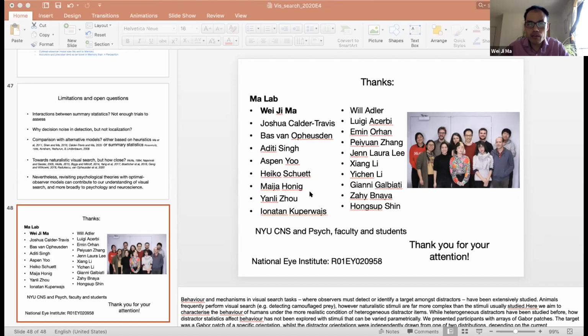This is a little bit of a philosophy that some of you might be familiar with, where you would just try to quantify the summary statistics and put those into a regression to predict behavior. That's a very great start, but it's more of a descriptive approach. The potential power of these optimal observer models, and in fact a broader class of process models, is that you don't have to start with those summary statistics. You can start with basics, what's happening at the trial-to-trial, item-to-item level, and then eventually get at predictions that you can then quantify in terms of summary statistics.